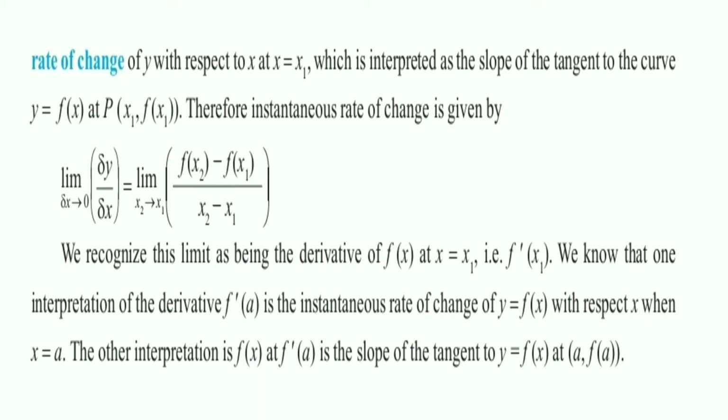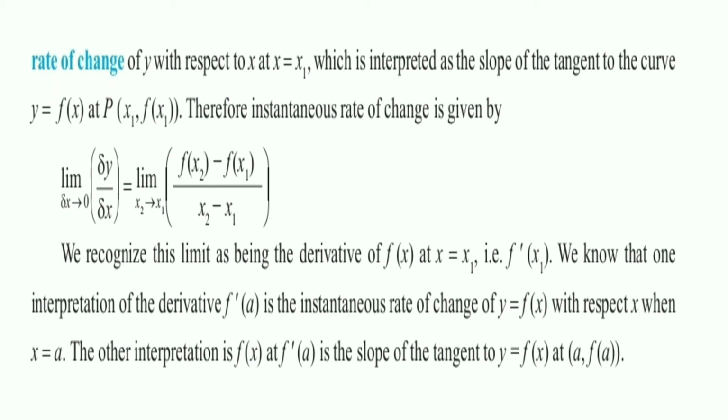We recognize this limit as being the derivative of f of x at x equals x1, that is f dash x1. We know that one interpretation of the derivative f dash of a is the instantaneous rate of change of y equal to f of x with respect to x when x equals a.